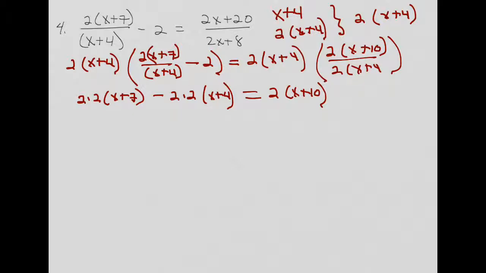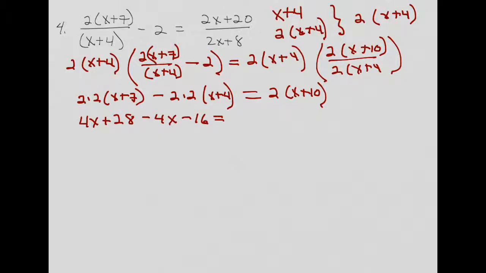So let's go ahead and simplify this. I'm going to have 2 times 2 is 4, so I'm going to have 4x. 4 times plus 7 is plus 28. Over here, I've got 2 times 2 is 4, so a minus 4 times x, that would be a minus 4x. And a minus 4 times plus 4 would be minus 16.